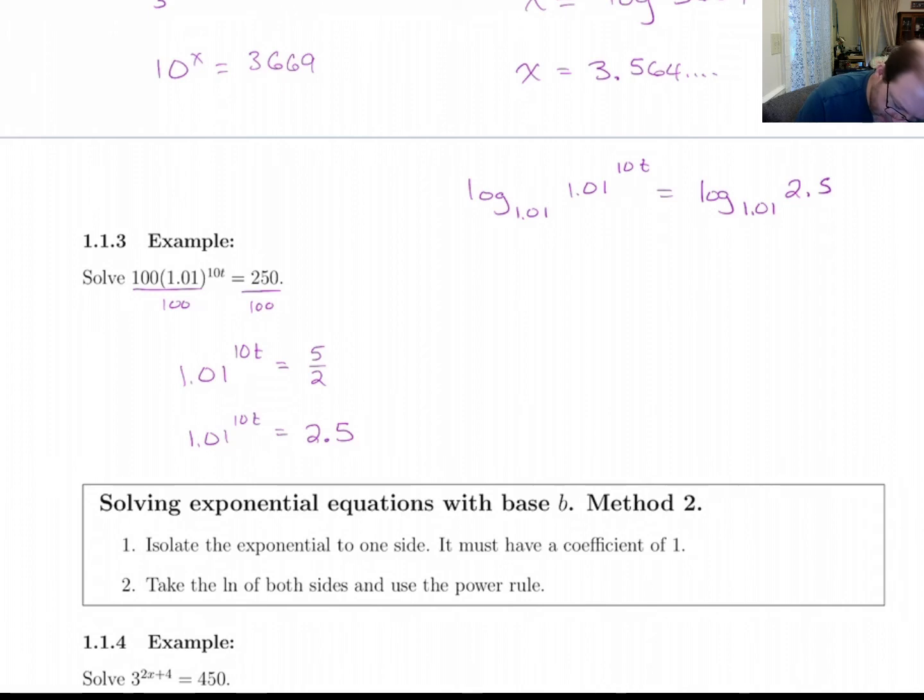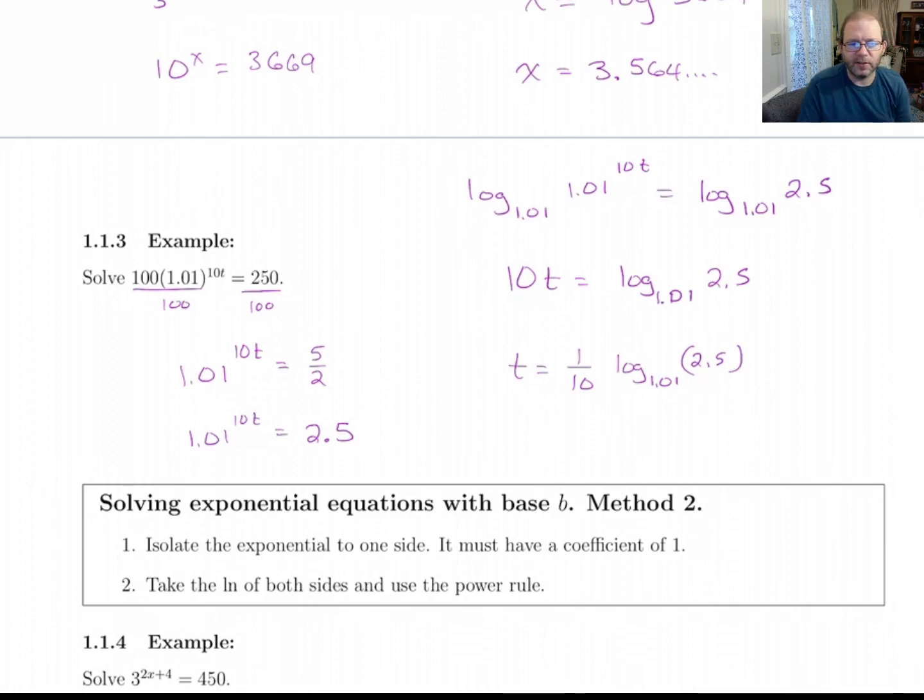All right, so this gives me 10t equals log base 1.01 of 2.5. So t is 1/10 log base 1.01 of 2.5.